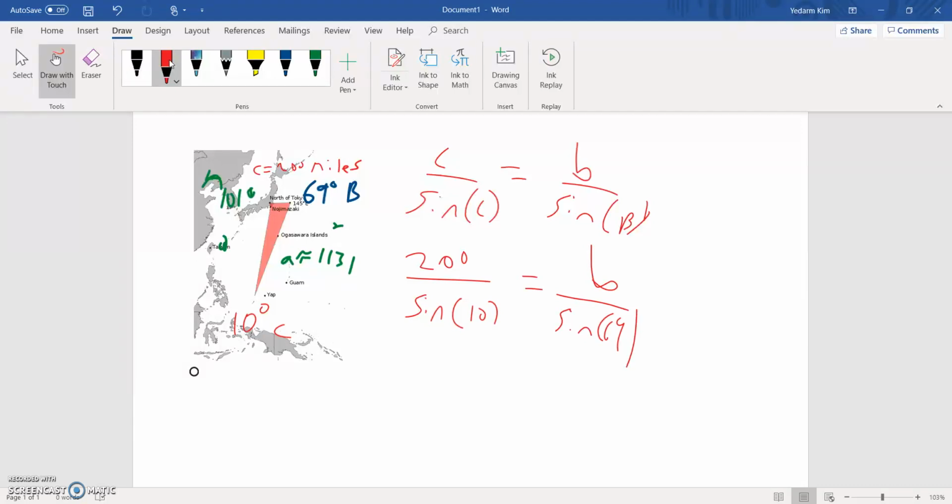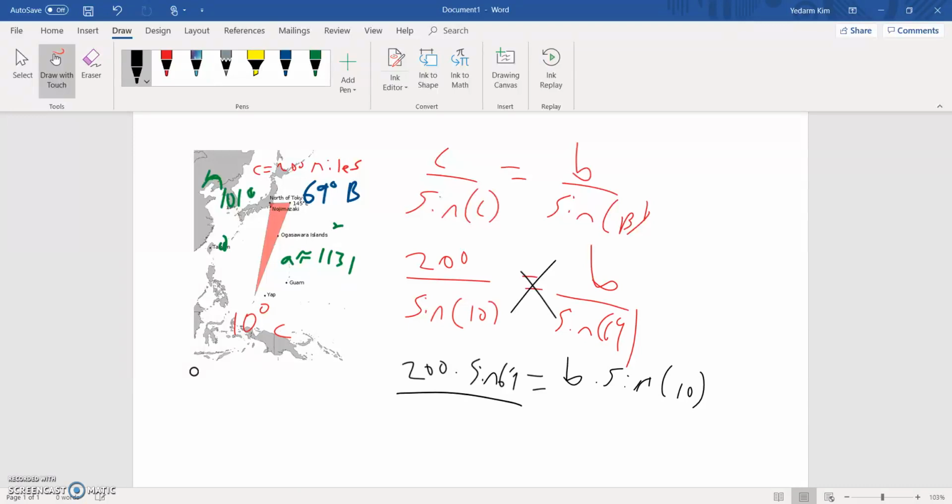And let's see. And if you have to cross multiply once again. So once you cross multiply, you'll get this equation right here. 200 times sine of 69 is equivalent to B times sine of 10.